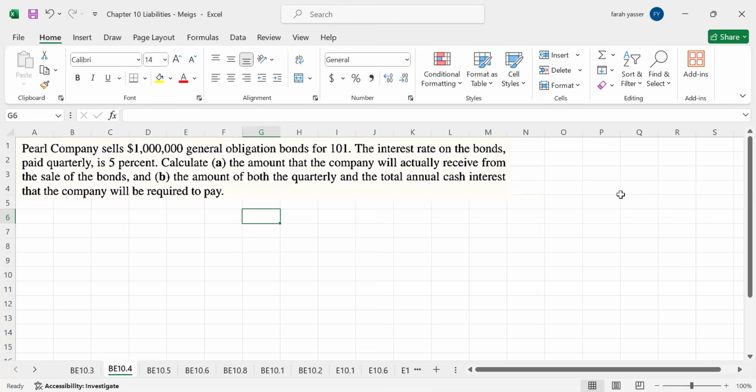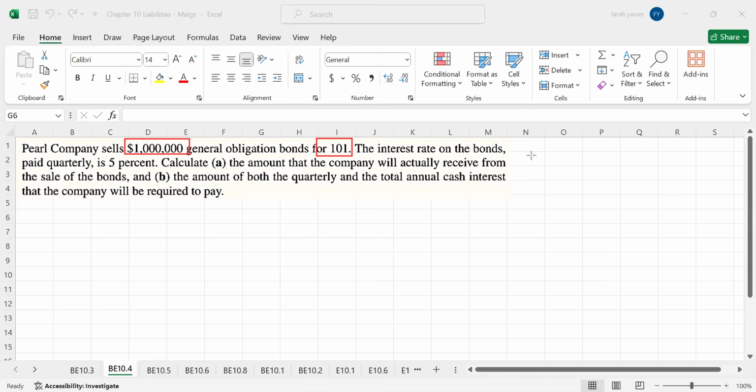So in 10.4, now $1 million of bonds are issued for 101. 101 means for $100 per bond, the company is receiving 101, or you can say at 101%, which is at a premium.